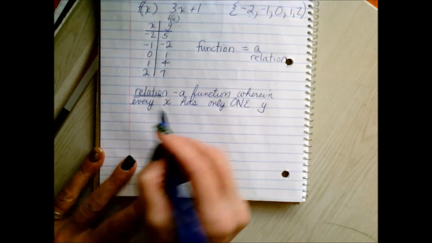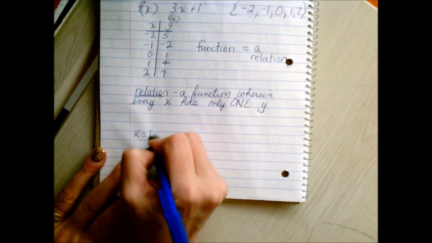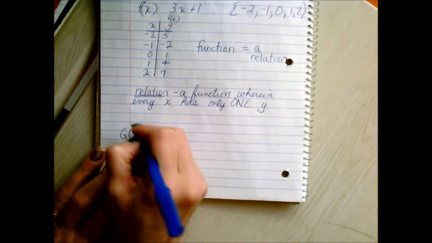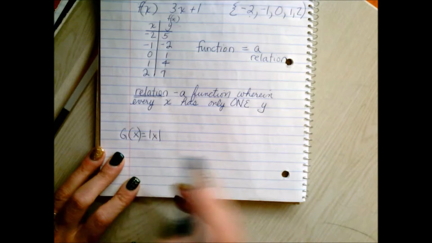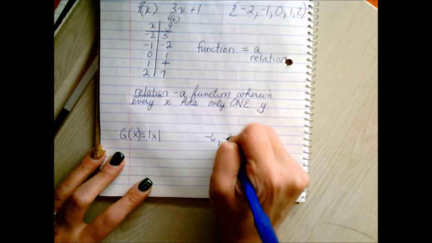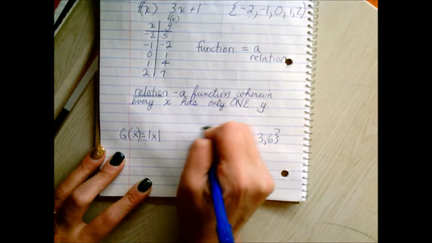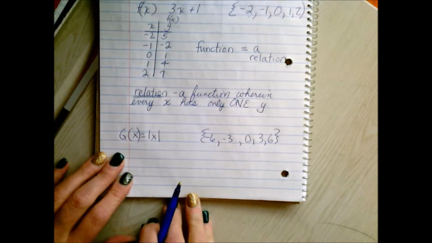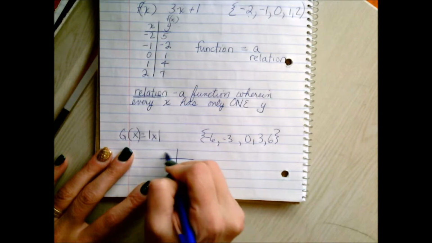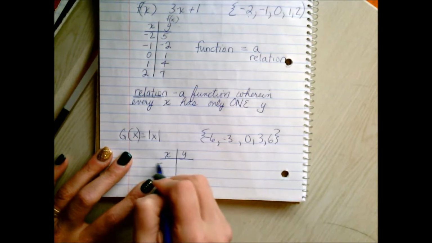Now, another one we did, this was example 4 in our warm-ups. It was g of x, wasn't it? The output is the absolute value of x, and they gave us -6, -3, 0, 3, and 6. This was our domain for that one. That was what, number 4? So my x's, I'm going to start with -6.